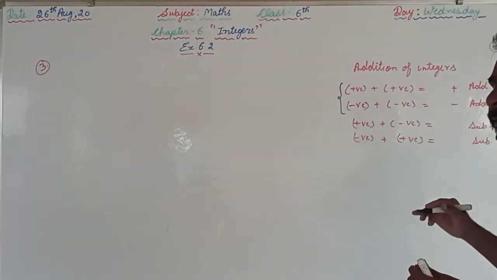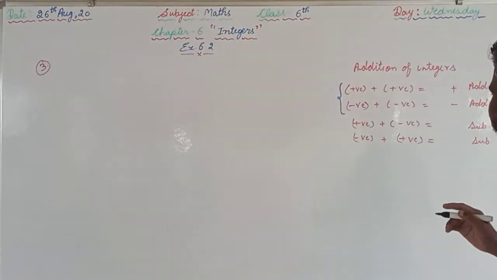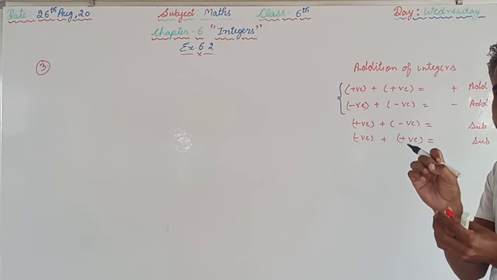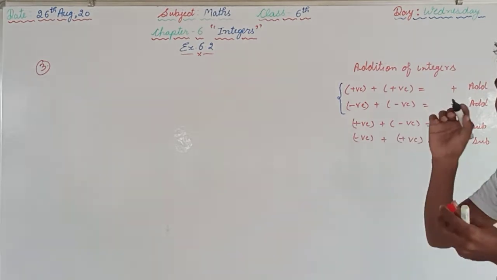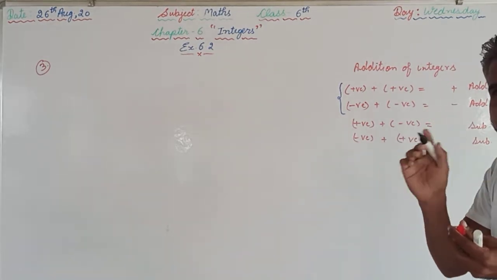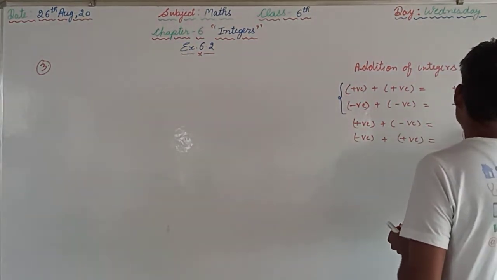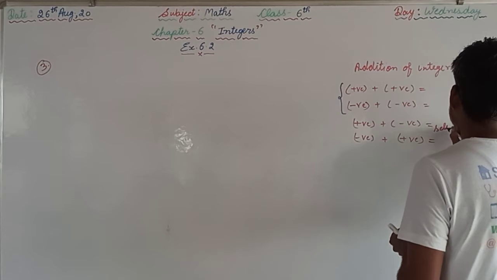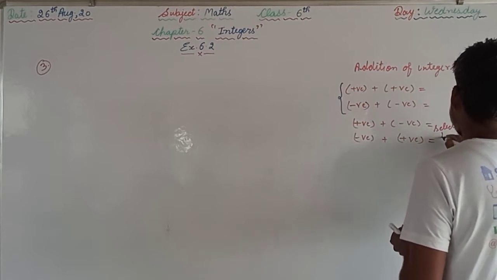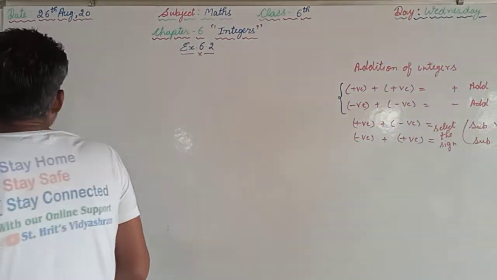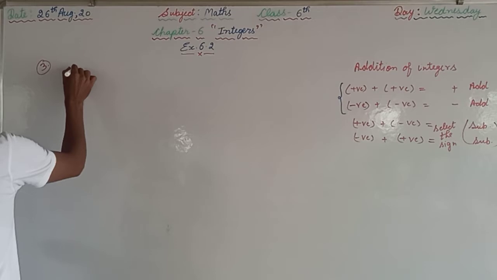At the same time, the number in magnitude which is larger, whichever sign of that number is there, we are supposed to use that only. Selection of sign. Now we will explain that using the questions.